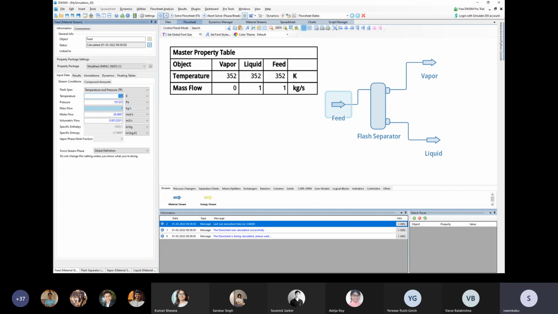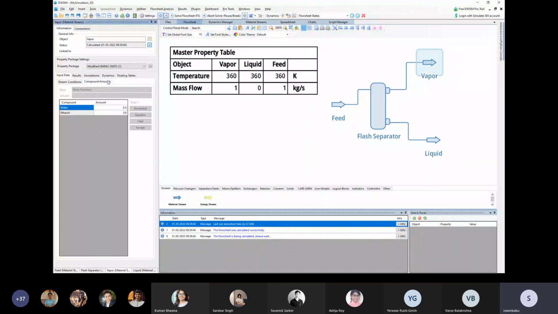If I go to 360, we can now see a certain flow rate and mass flow in the vapor, and you can click on the vapor and see the compound amounts.